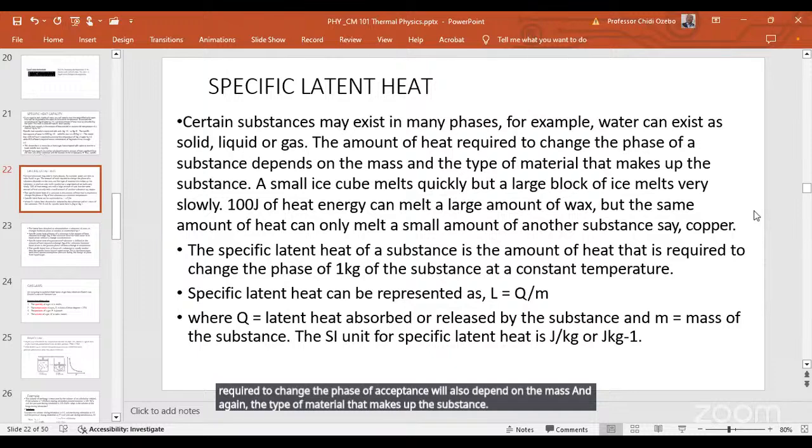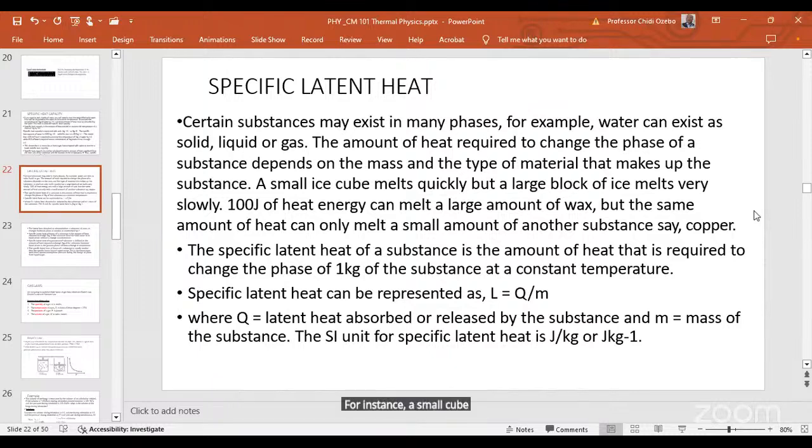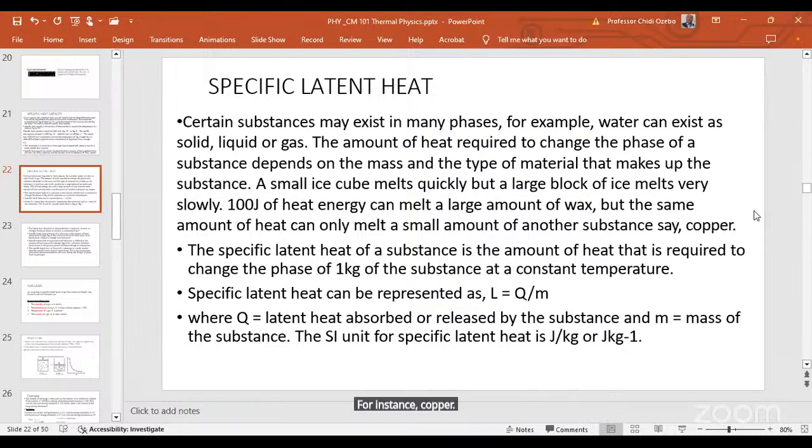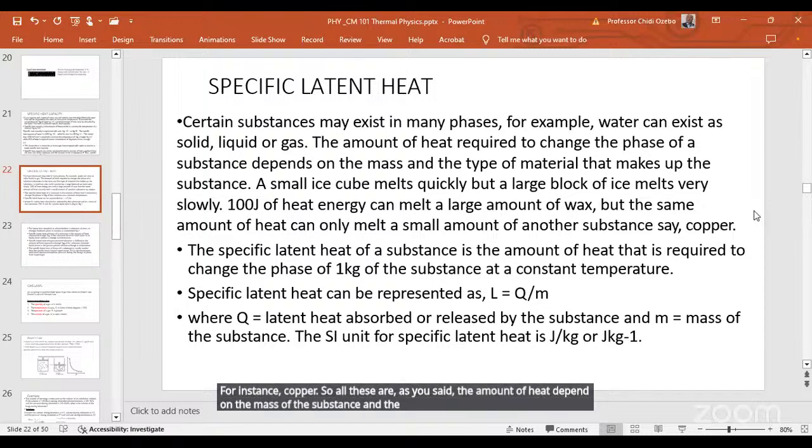For instance, a small ice cube will melt quickly, but a large block of ice melts very slowly. Like 100 joule of heat energy can melt a large amount of wax, but the same amount of heat can only melt a small amount of another substance, for instance, copper. So all these, as we said, the amount of heat will depend on the mass of the substance and the type of material that makes up the substance.